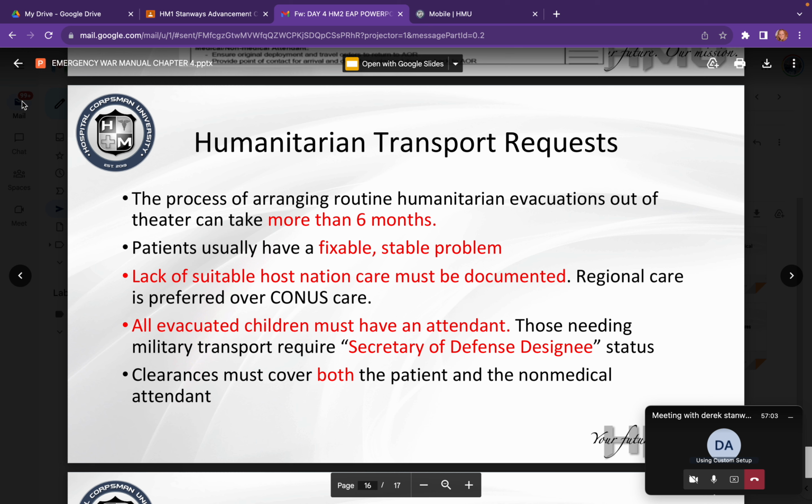So humanitarian transport requests. The process of arranging routine humanitarian evacuations out of theater can take more than 6 months. The question's been on the test before. Make sure you put a star next to that one. So patients usually have a fixable, stable problem. Lack of suitable host nation care must be documented.